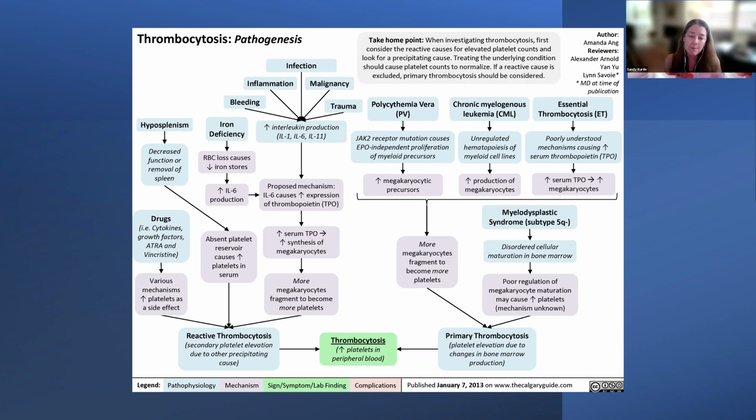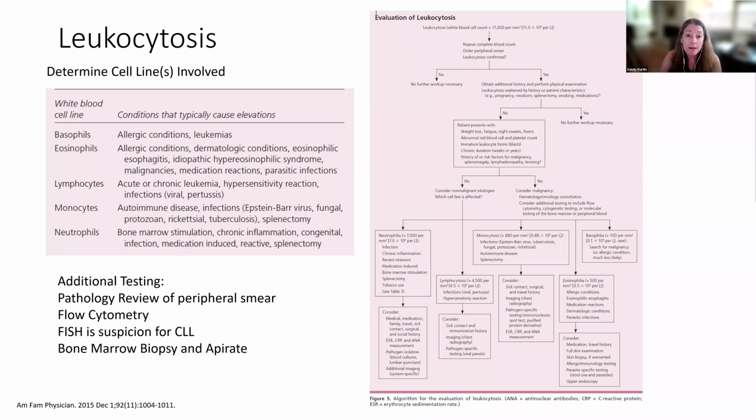Similarly, infection and inflammation can cause a secondary thrombocytosis. But if you can't explain it, again, we're going to look for myeloproliferative neoplasms and do that similar testing that we just talked about, where we're looking for any elevation of this myeloid lineage. Then when we look at leukocytosis, so elevated white blood cell counts, again, you need to determine what's the cell line. Is it lymphoid or is it myeloid?